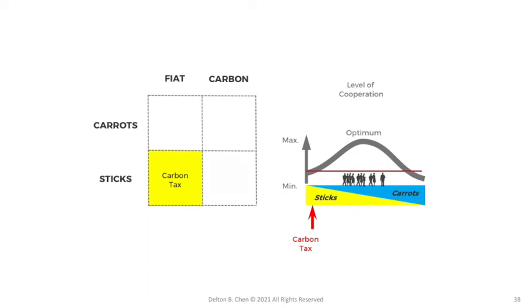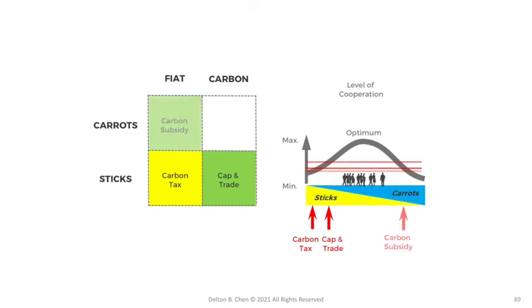If we introduce cap and trade in addition to carbon taxes as another option, we may see a marginal increase in cooperation because the cap and trade policy introduces new social and biophysical relationships. Once again, if we introduce the carbon subsidy, this can significantly improve cooperation because we're introducing carrots, which helps to balance sticks with carrots.